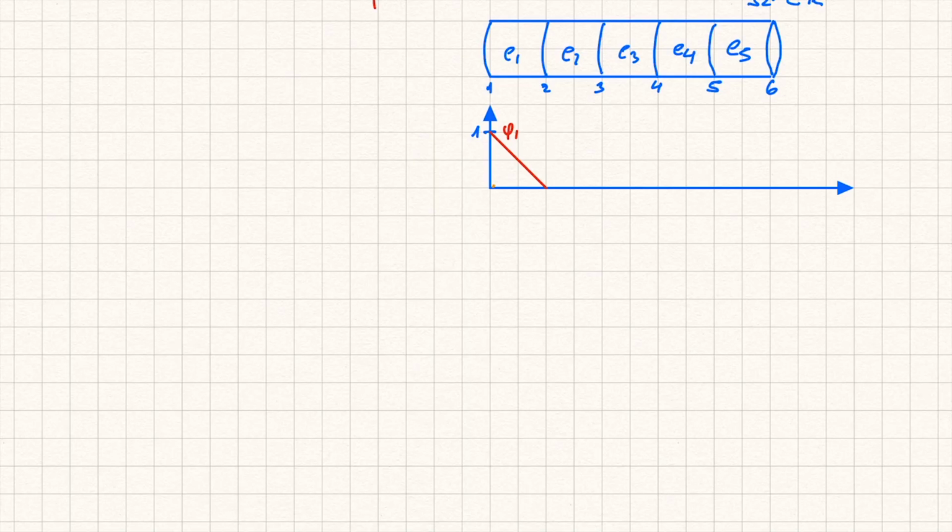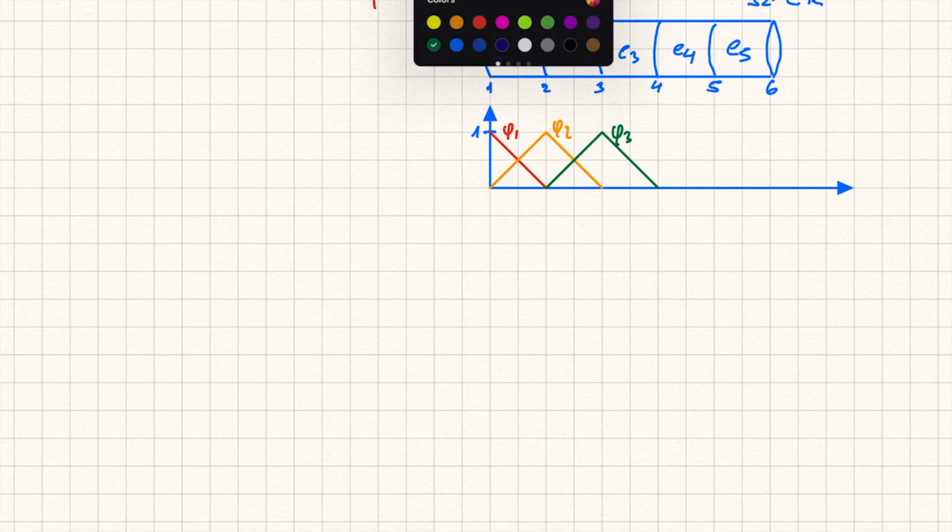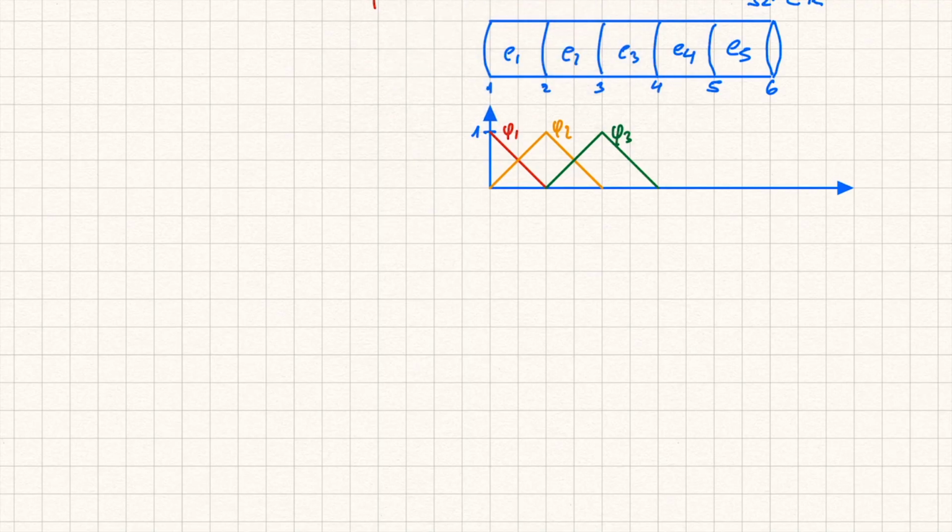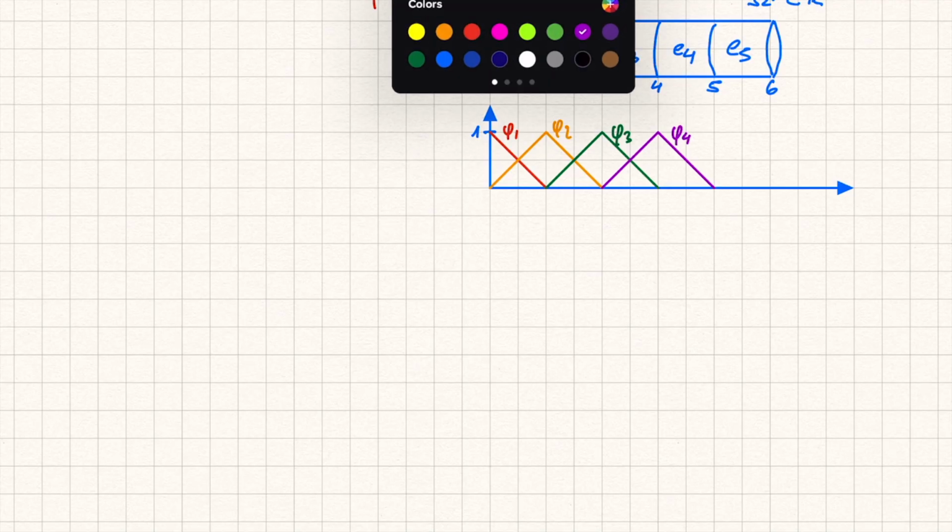And I take this one, and I'm going to call this phi2, and I take this one, and I call that phi3. And let me go to this one, phi4. And I'm running out of colors.